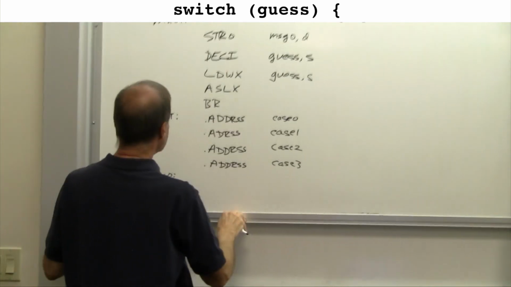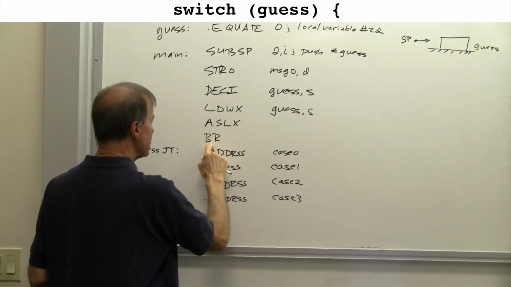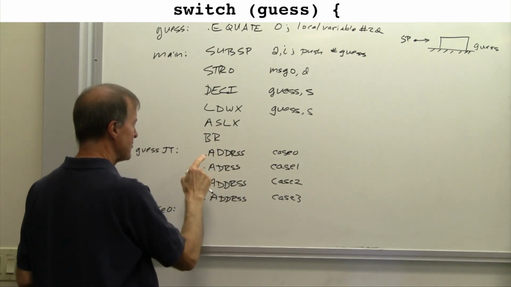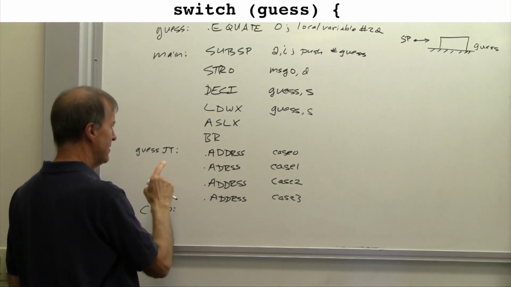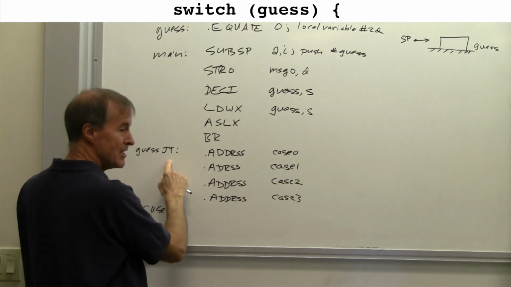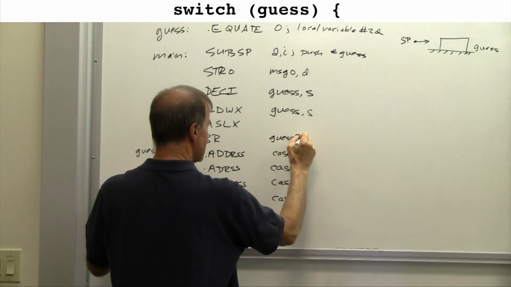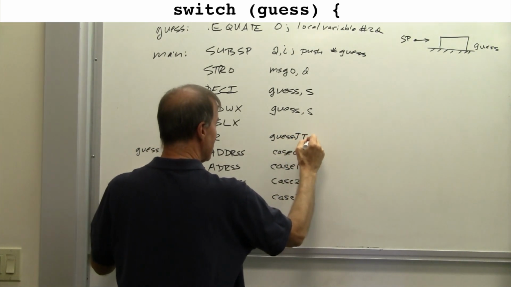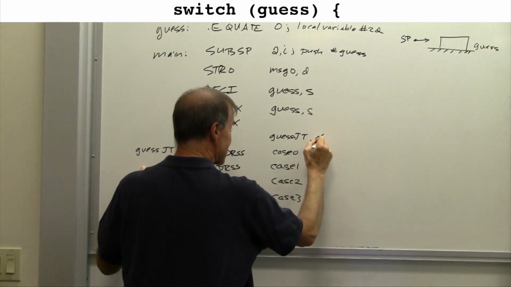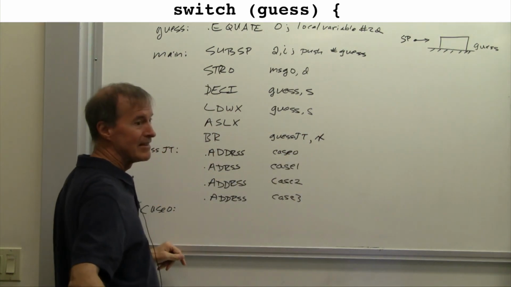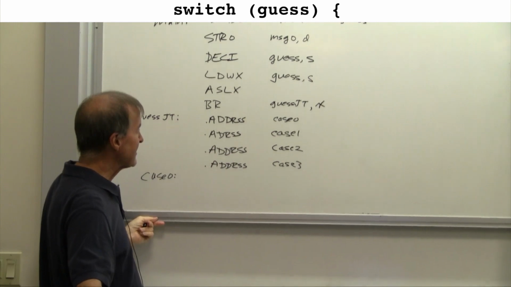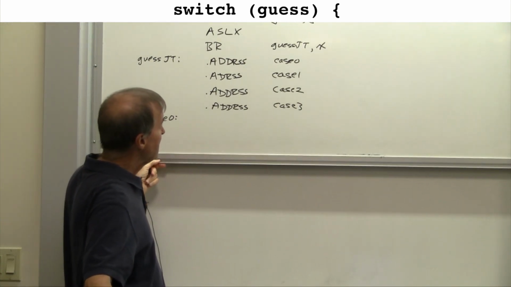And so now here's the thing. What do we branch to now? With this setup, what do we branch to? What do you think we branch to? Guess JT, we branch to guess JT using what addressing mode? Indexed. Indexed. Are you with me?